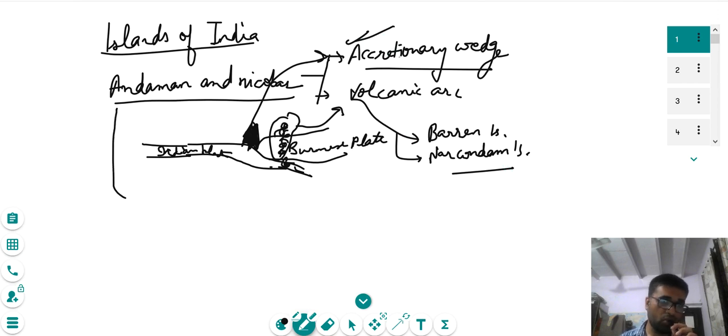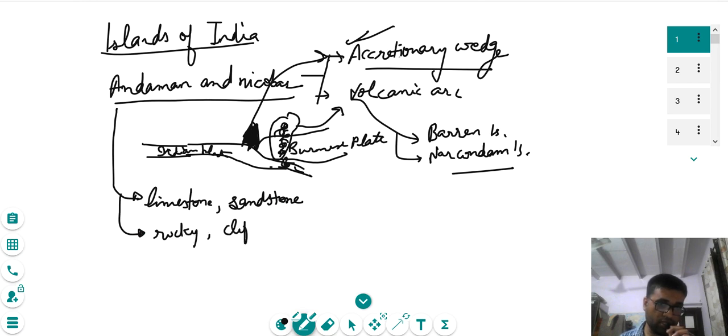Now, when you see the lithology of the Andaman and Nicobar, they are mostly sedimentary lithology, right? We have limestone here, we have sandstone here, but physiographically most of the part is rocky. We have cliffy edges as well, right?